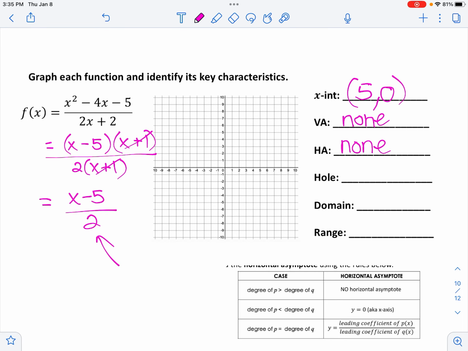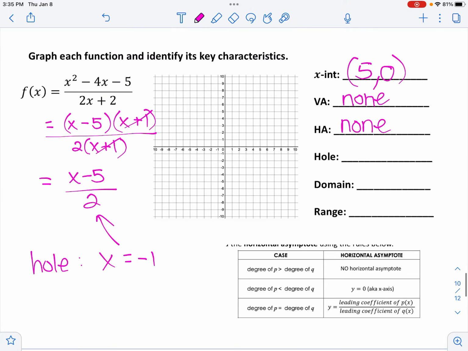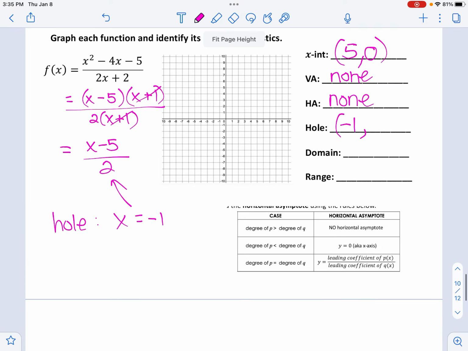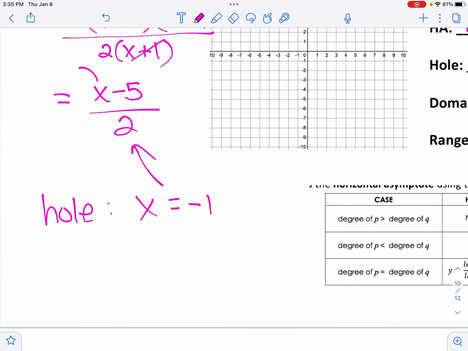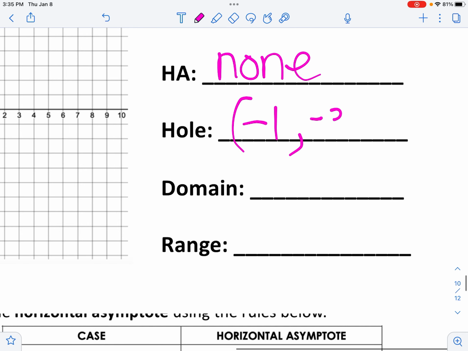Okay, now I do have a hole in this case. It's when x is equal to -1, okay? So I know -1 comma something. So if I put -1 into the simplified version, in other words, put a -1 here, I would get -6/2, which is -3. So that's the other part. Okay.